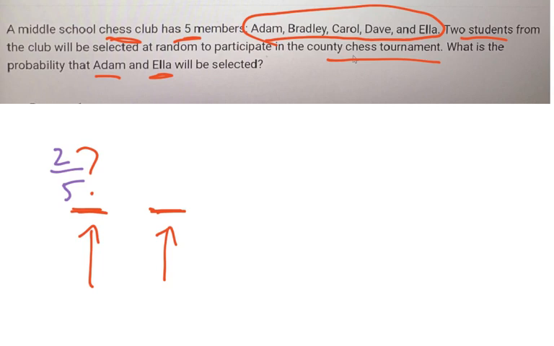Now, once one of them is selected, however, what's the chance that the second one is selected? Well, let's say it's Adam that was selected. What does that mean? Ella's 1 out of 4 remaining. Now, this is called conditional probability, guys.